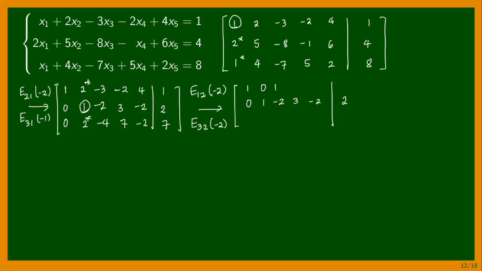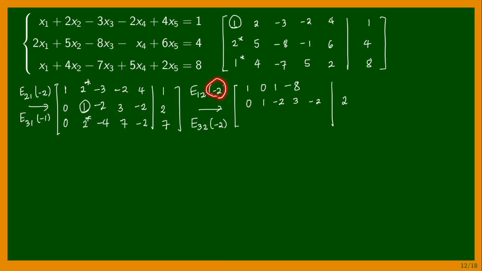Negative 2 times 3 is negative 6, plus negative 2 is a negative 8, I think. Is that correct? Again, negative 2 times 3 is negative 6 plus negative 2, that's a negative 8.